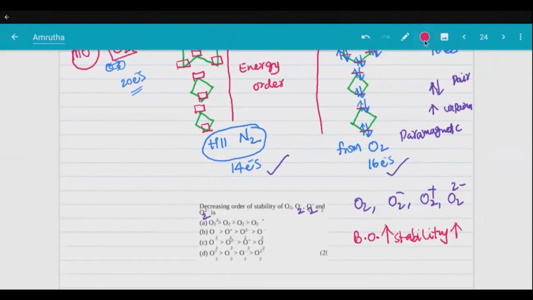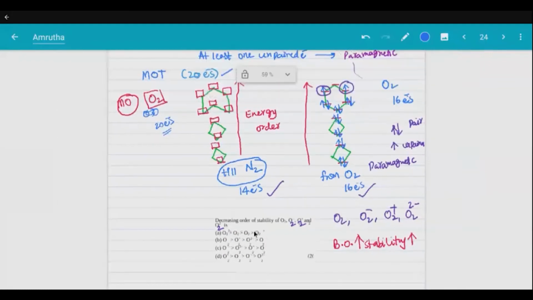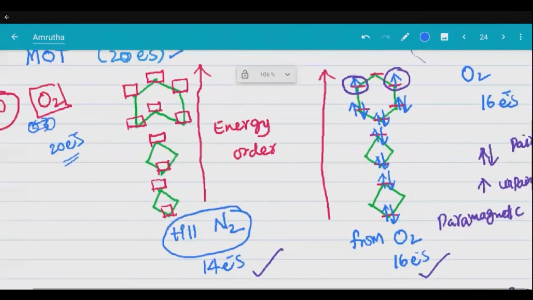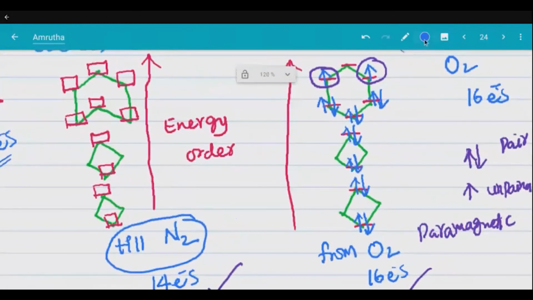But how do we find the bond order, sir? As these are molecules, we have a formula: 1 by 2 times the number of bonding electrons minus the number of anti-bonding electrons. But how do we know in O2 how many bonding electrons there are? Look at each diagram and count from here.